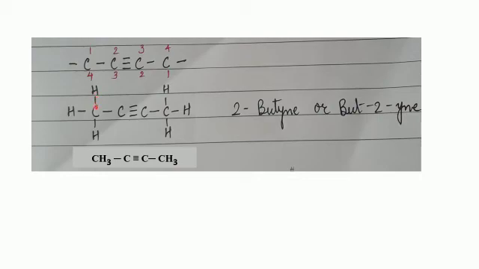Carbon will share its 1 electron with this hydrogen, 1 electron with this, and 1 electron with this hydrogen. Hydrogens in turn will also share 1 electron each. So there will be one pair of electrons here between carbon and hydrogen on 3 sides. So now octet is established, 2, 4, 6 and 8 electrons.